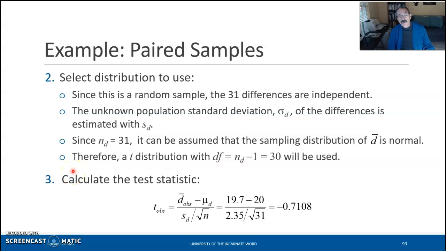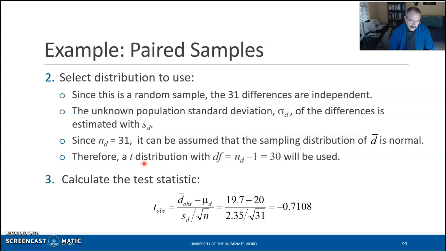And because the sample size has 31 differences, we can assume by the central limit theorem that the sampling distribution of d bar is normal. So with all these three conditions, we are justified in using the t-distribution with degrees of freedom equal to the number of differences minus 1, and that is 30 degrees of freedom.